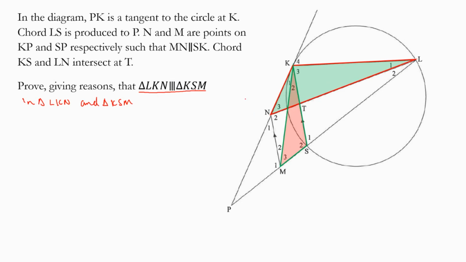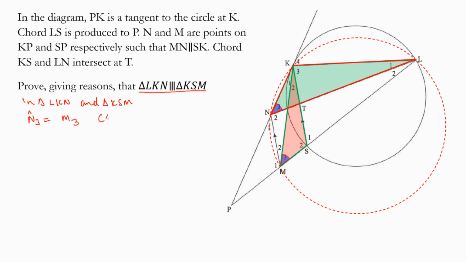We agreed that angle N3 is equal to angle M3, angles in the same segment. And now, remember, KLMN is a cyclic quad.